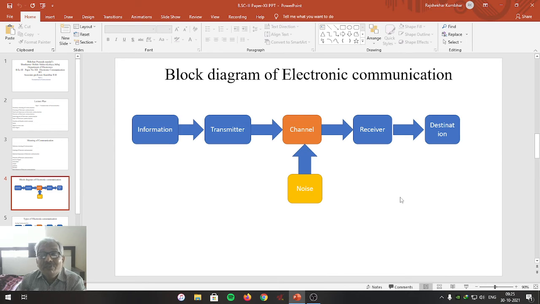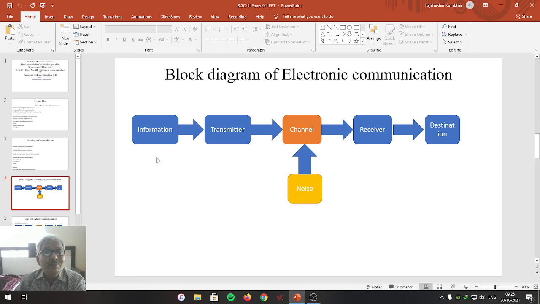Friends, in the further topics, we are going to study details regarding the transmitter, the channel, and the receiver, and that is the main aspect of paper number 12. In the forthcoming topics, no doubt, the source of information is the original information, the original signal.